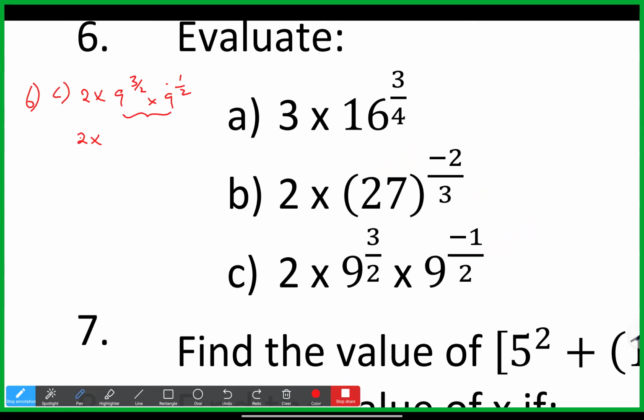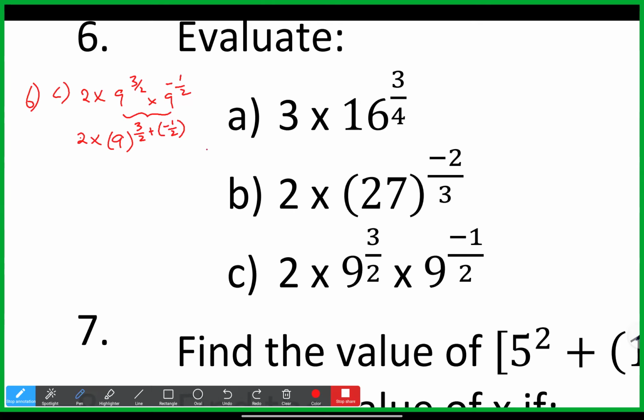Sir, a power m into a power n is equals to a power m plus n. Yes, Ashwa. So 9 power 3 by 2 plus minus 1 by 2.